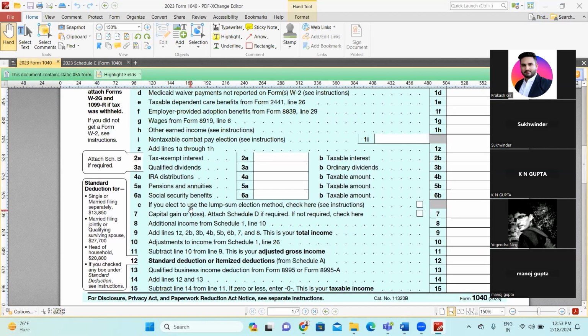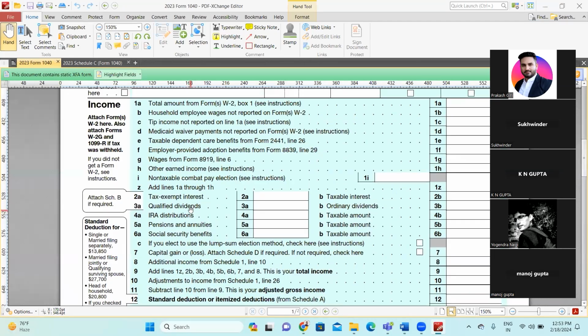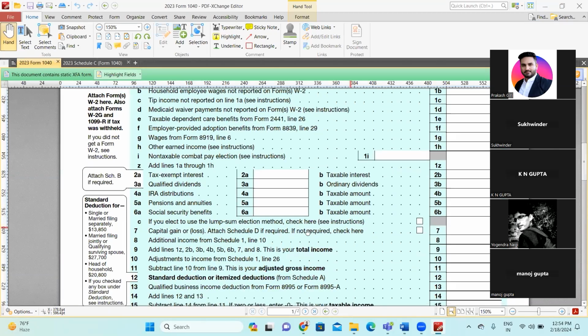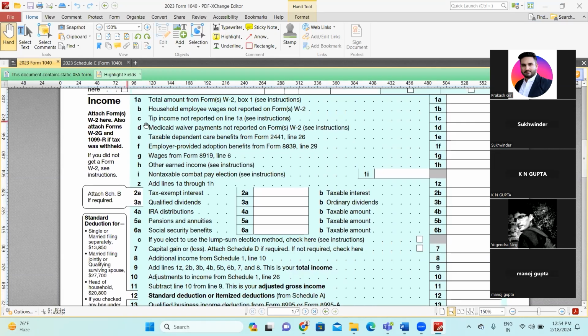So, one second now. Sir, if you look at your left-hand corner, there is a mention: attach forms W2 here. Also attach Form W2G. What is W2G? W2 I have seen. W2G, let me see.